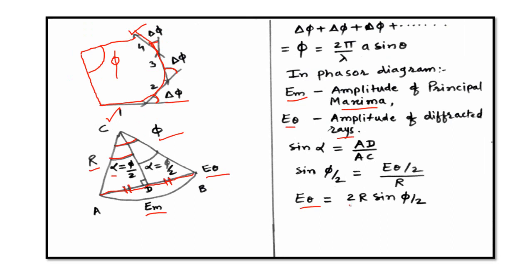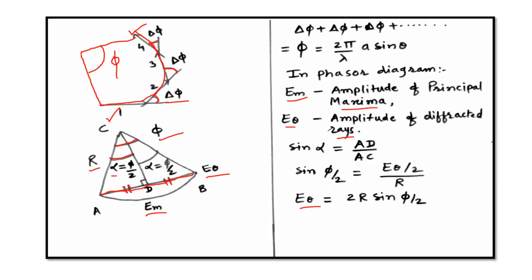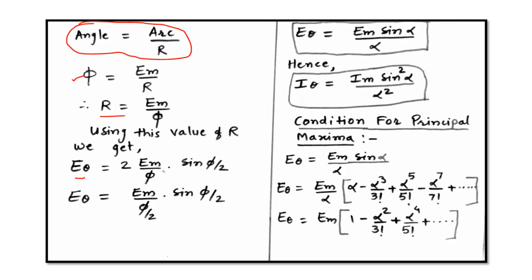which is E theta is equal to 2 times R into sine of phi by 2. So by using this value of R, we get E theta is equal to 2 times Em by phi into sine of phi by 2. So this E theta will be equal to Em into sine of phi by 2, and I can take this 2 in the denominator, so it will be Em divided by phi by 2.